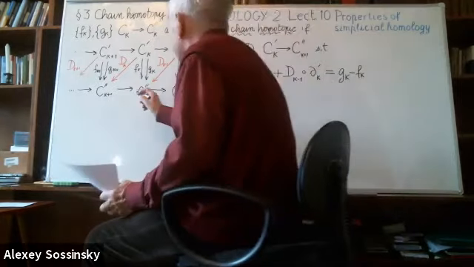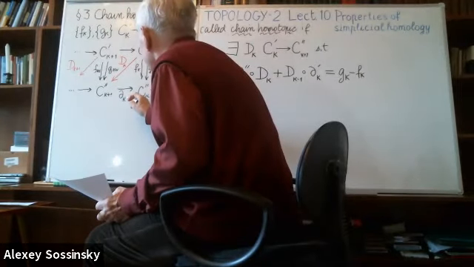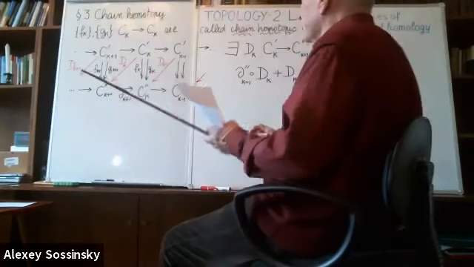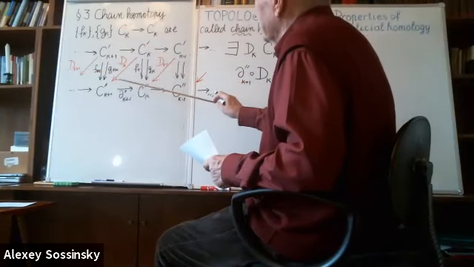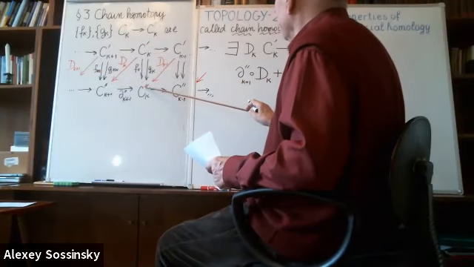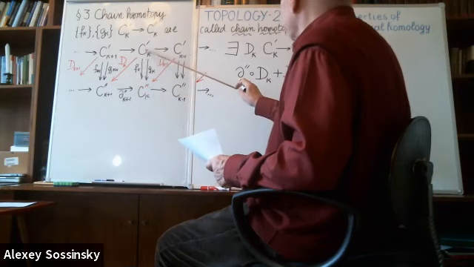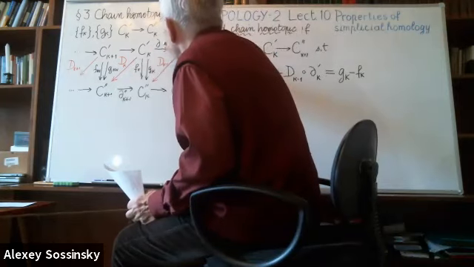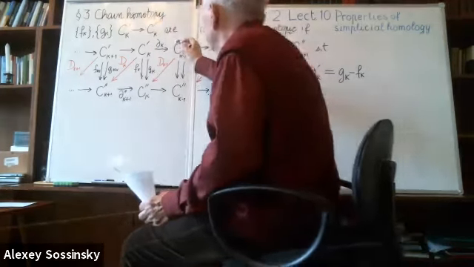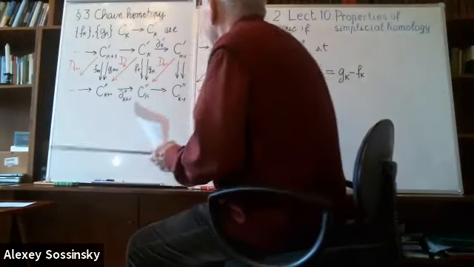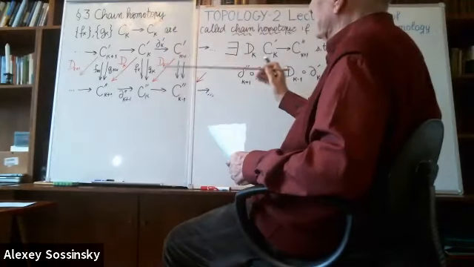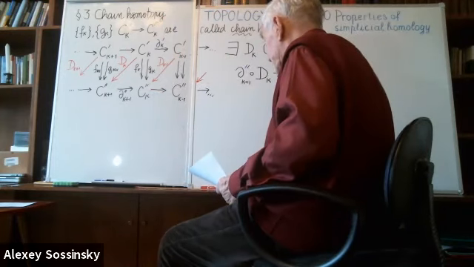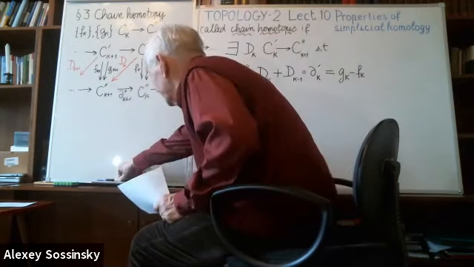This is d_{k+1} double star. So we come here. On the other hand, we're starting from here. We can first go here by means of d_k prime, and then apply d_{k-1}. We come here. And what we must get is the difference between these two characters.